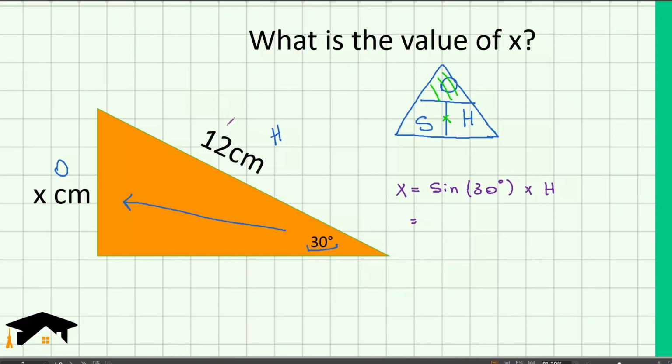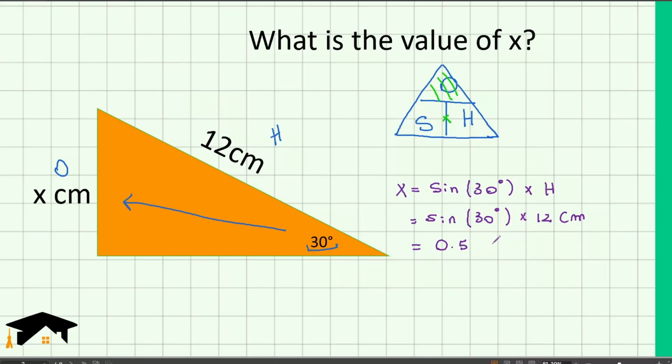The hypotenuse, we know, measures 12 centimeters. So we have the sine of 30 times 12 centimeters. Now the sine of 30 is one of those trigonometric relations that we have to memorize, and it is equal to 0.5 or 1/2.